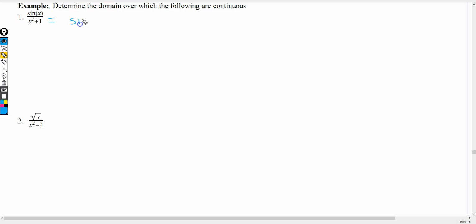It's the product of sine x times 1 over x squared plus 1. Now the sine x, this is continuous everywhere over all the real numbers. So we'll write that down here. Or negative infinity to infinity you could write.